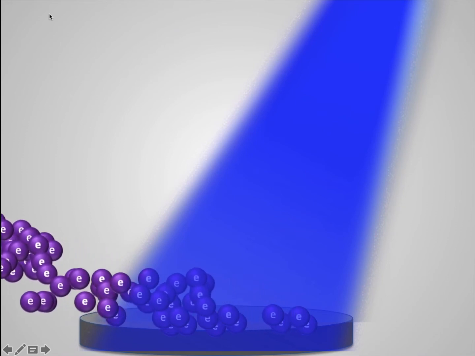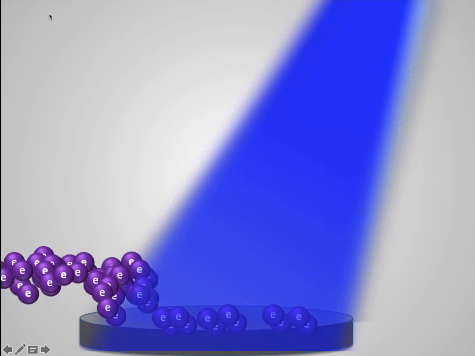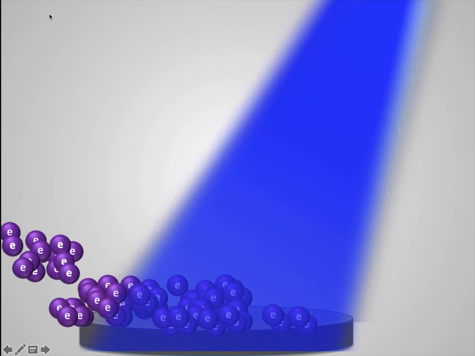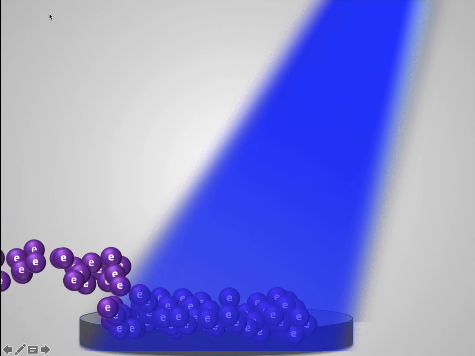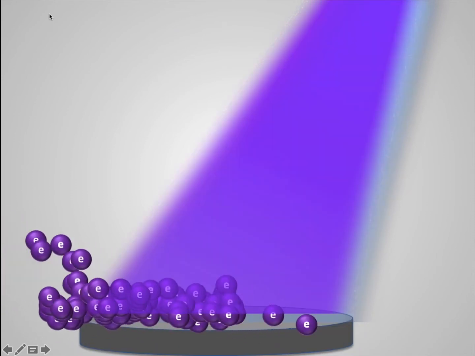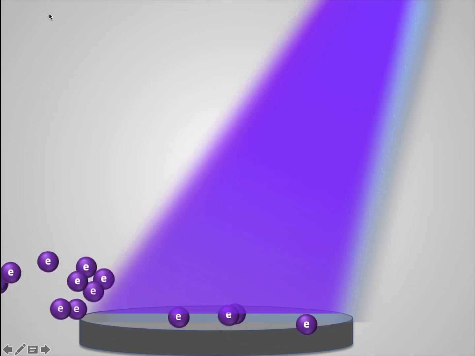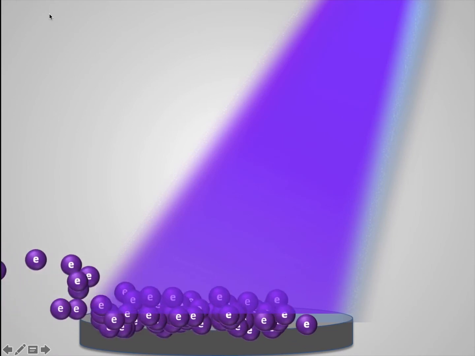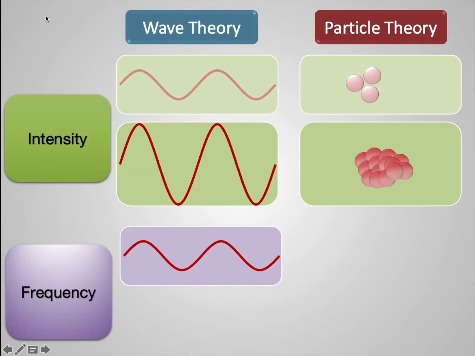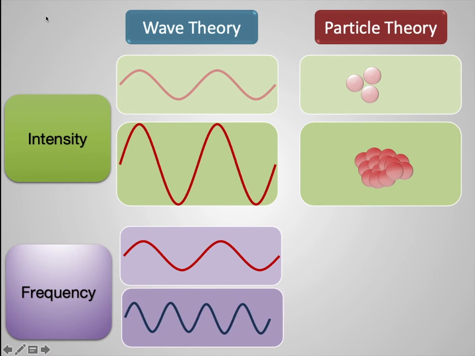Now, instead of the blue light, I am again going to increase the frequency. I am going to apply violet light. What difference do you observe? When I apply violet light, what you can see is the electrons are now emitted with a greater kinetic energy. So if you talk about frequency, wave theory says if this is a low frequency light, this is a high frequency light. The change happens only in the number of waves.